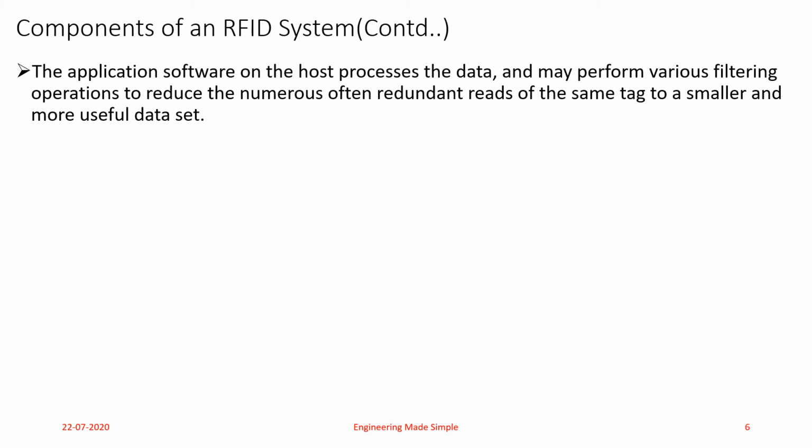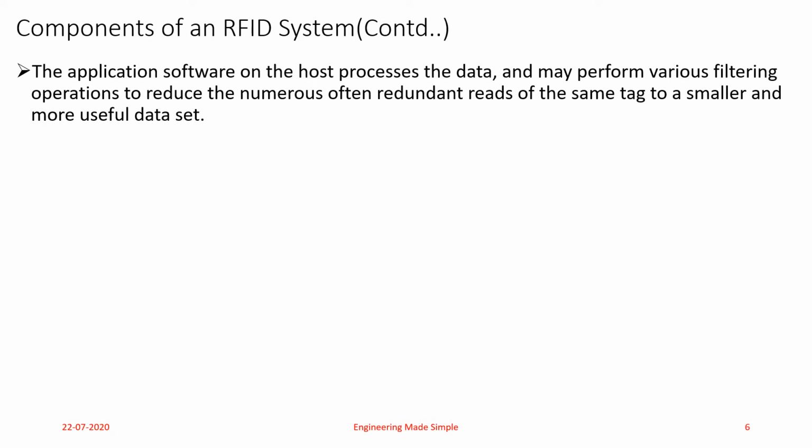The application software on the host computer processes the data and may perform various filtering operations and reduce the number of redundant reads. Sometimes the reader reads the same tag again and again, but we don't want the same information to be processed again and again, as it is a redundant read, because once that tag is read, the information is already known.